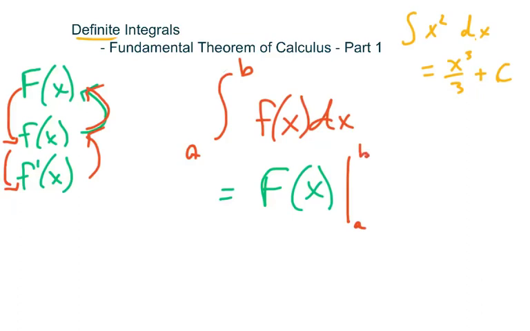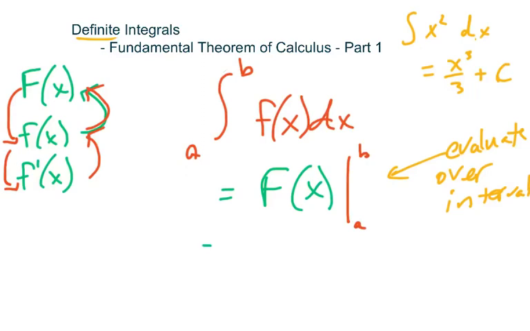That vertical line just means I'm going to evaluate from a to b. So I'm going to evaluate over this interval of a to b. That's what that vertical line is telling us.